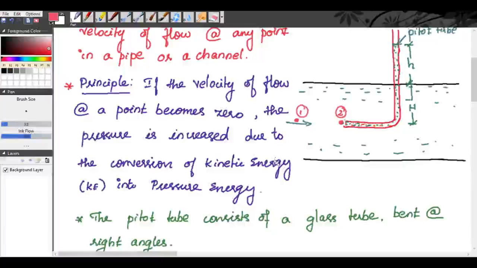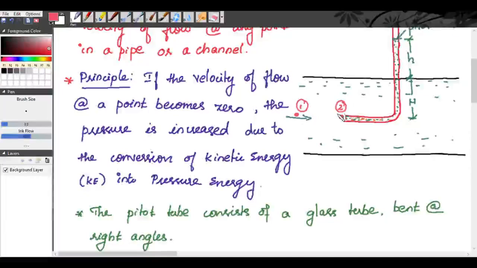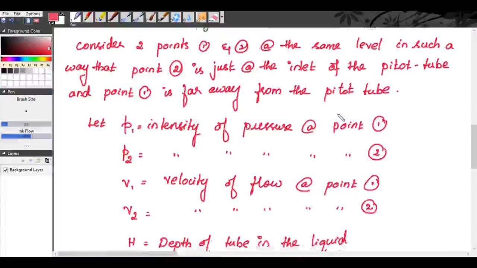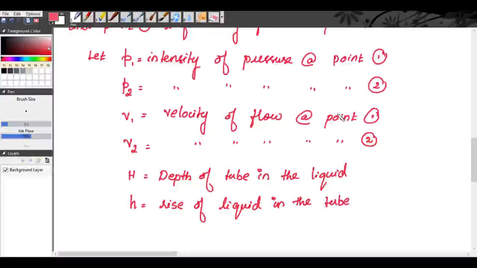So let P1 be the intensity of pressure at point 1, P2 be the intensity of pressure at point 2, V1 be the velocity of flow at point 1 and V2 be the velocity of flow at point 2.